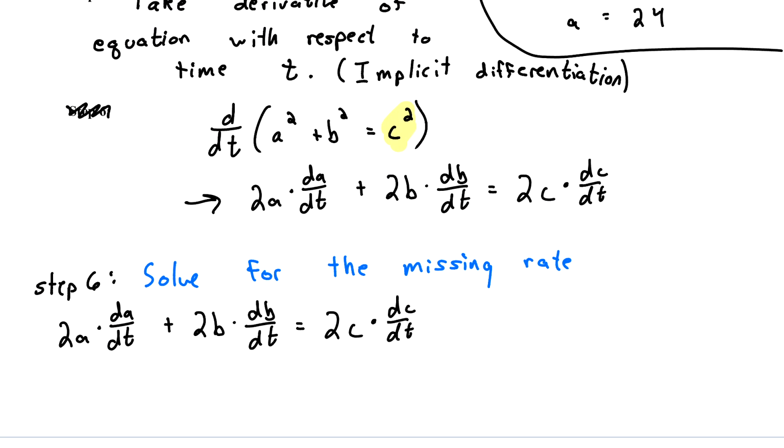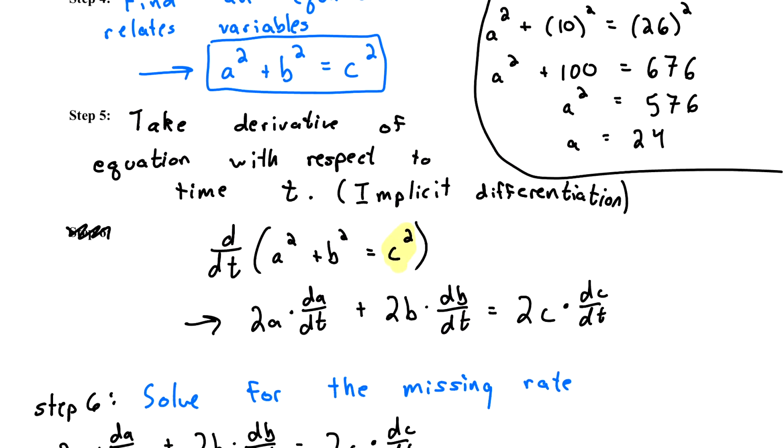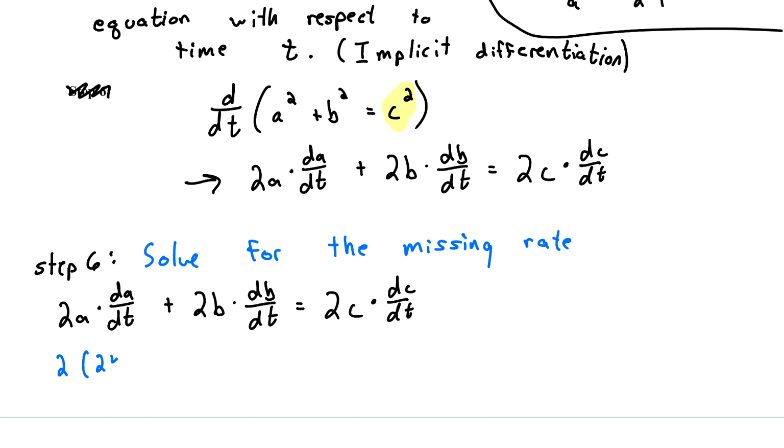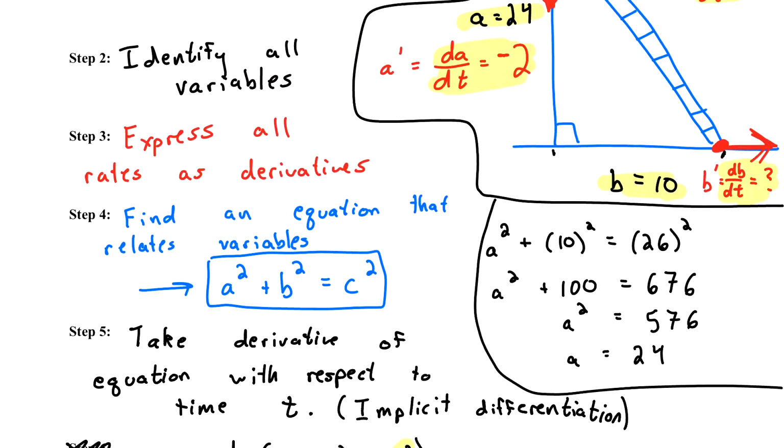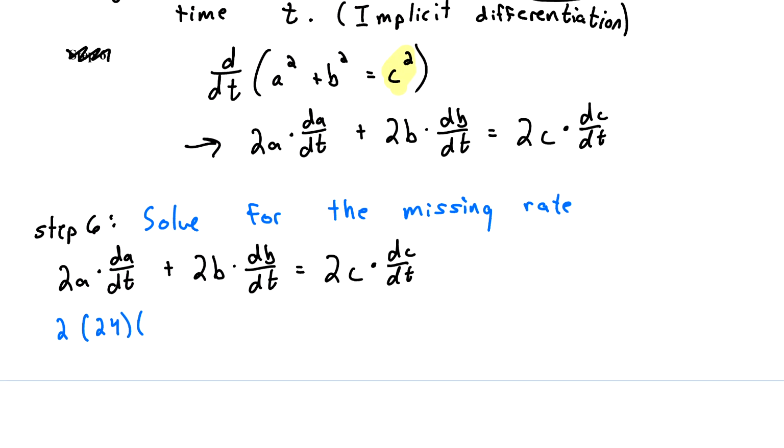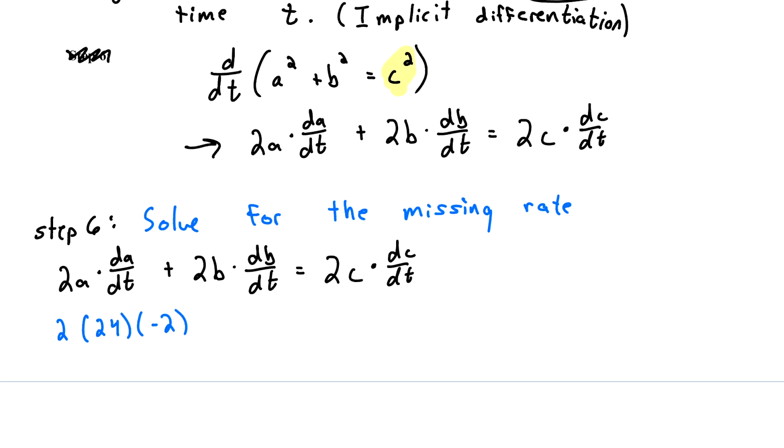So let's see, we'll have 2 times A, which I already forgot what A is. A is 24, times dA over dt, which we said was -2. Plus 2B, we said B was 10, times dB over dt.